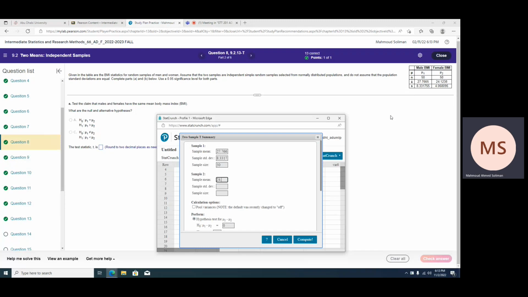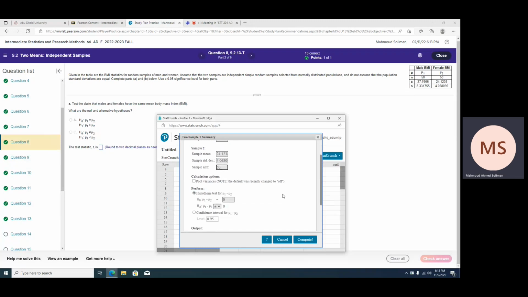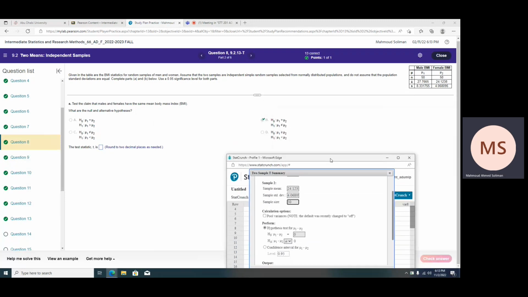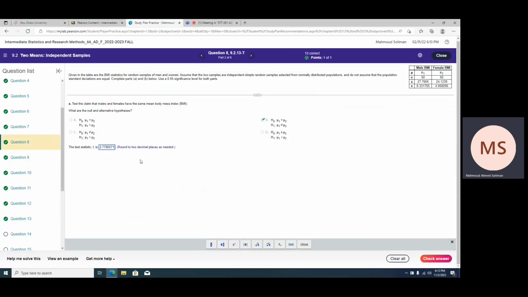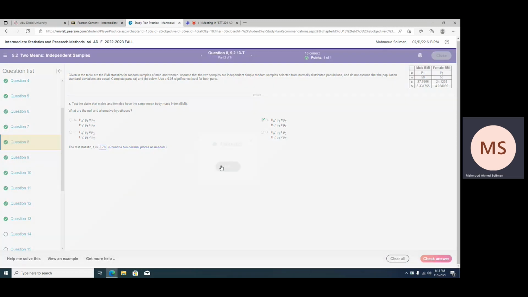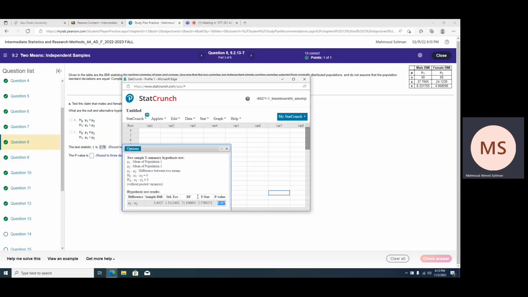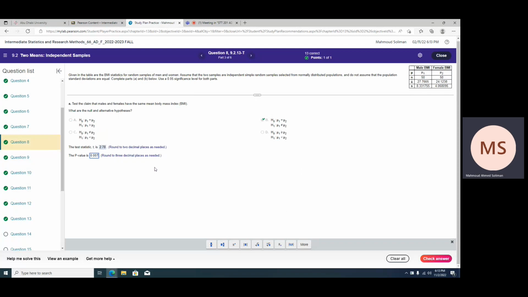Then mean 24.1238, standard deviation 4.068095, 50 also. Round to 12. P value 0.007.